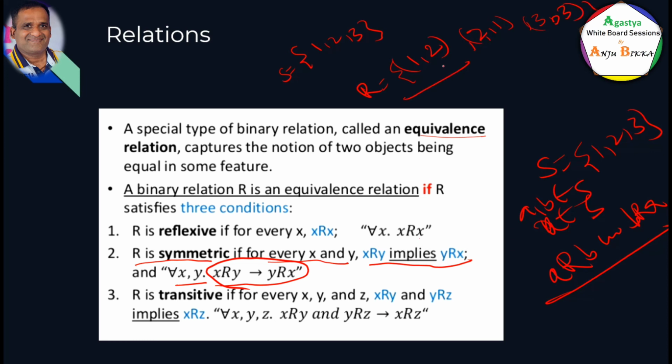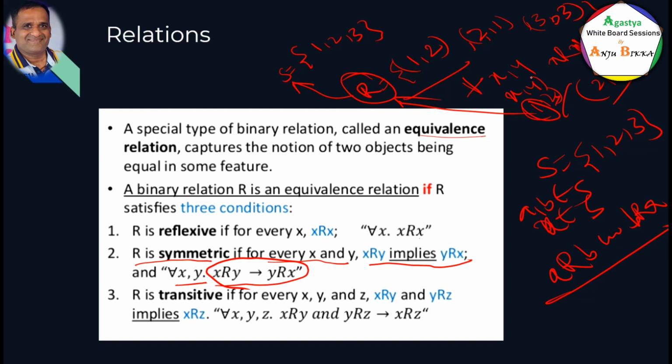If you have this relation over this set, is it symmetric? What is the meaning of symmetric? For all x, y, xRy implies yRx. (1,2) belongs to R, so (2,1) also needs to belong to R. Here x is 1 and y is 2.